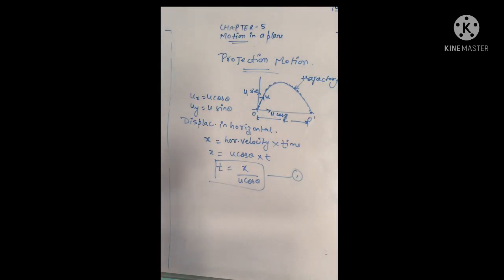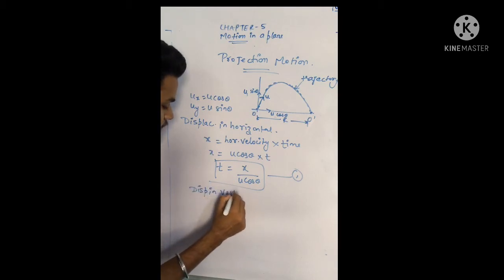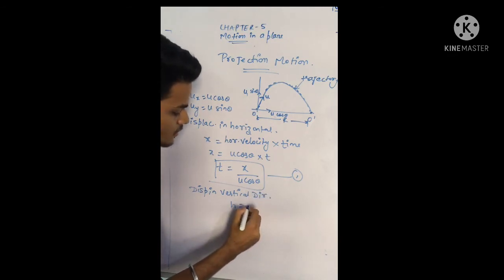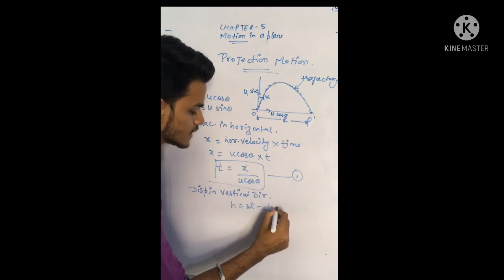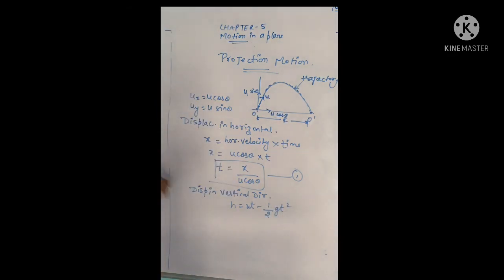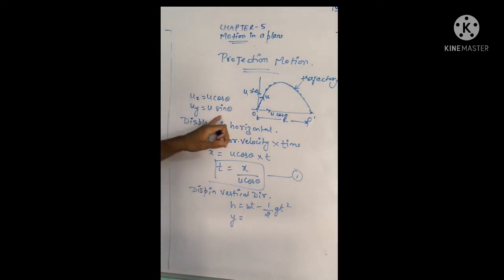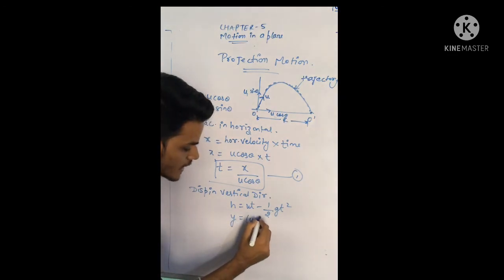Now we have to find the displacement in vertical direction. In vertical direction, the equation of motion is h is equal to ut minus half gt square, because it is traveling in the vertical direction. So putting the values in vertical direction, let the height be y is equal to u, and u in vertical direction is u sin theta, into t.